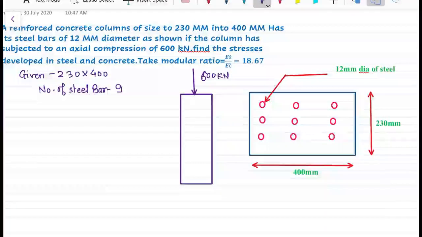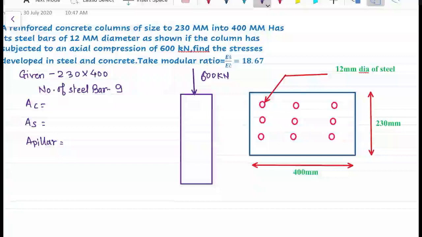First of all, from the given data we will calculate the cross section area of steel and the cross section area of concrete. To do so, we should know the cross section area of the pillar, which will be 230 into 400 mm square.